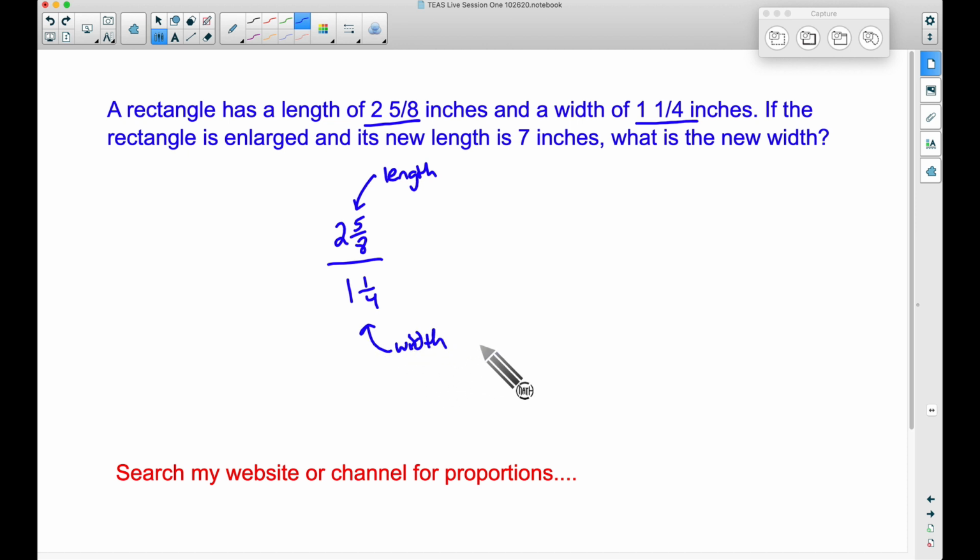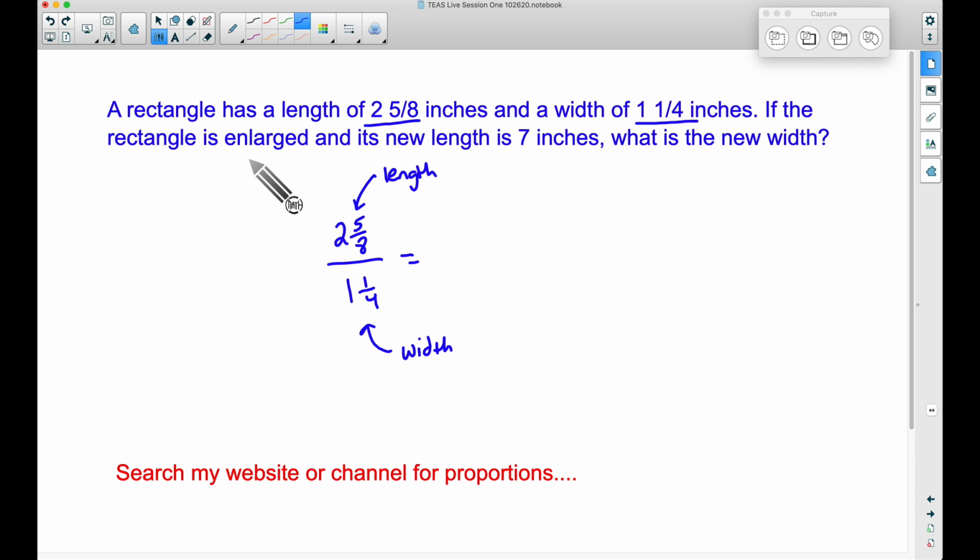Now, there are so many ways that you can set up a proportion and still set it up correctly. You may set it up differently than what I'm doing here. And actually, if you check out my videos on proportions, you'll see where I do mention there's more than one way to set up a proportion. But what I want you to notice is that I do have my length at the top, my width at the bottom.